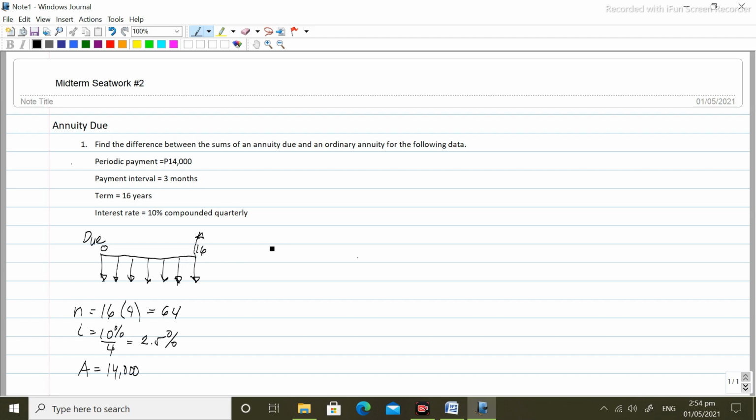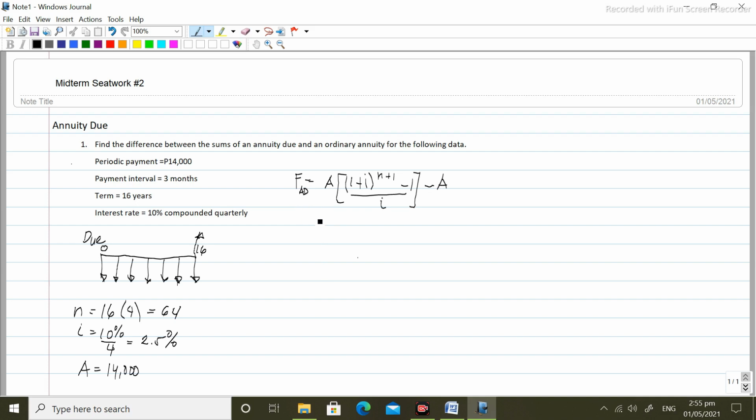The formula of the annuity due for future value is F equals A multiplied by 1 plus I raised to N plus 1, minus 1, divided by I, then minus A. I will put a subscript AD to mean the future value of the annuity due.